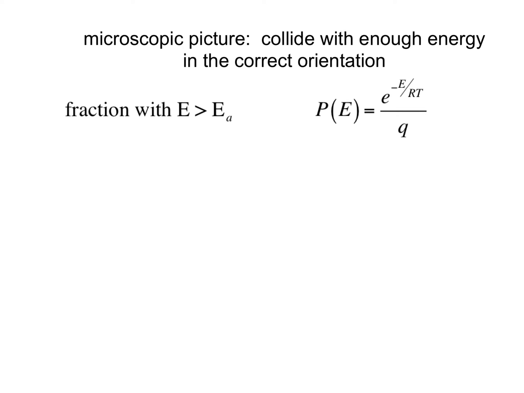Our molecules must have enough energy, that is, they must collide with an energy that is at least equal to the activation energy of the reaction, so that they will have a total energy available to them which is at least as large as the potential energy hill that they need to climb.